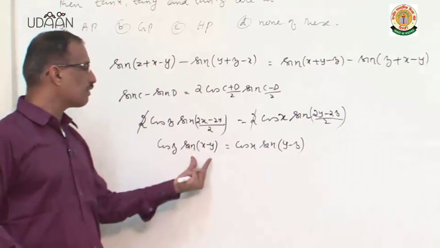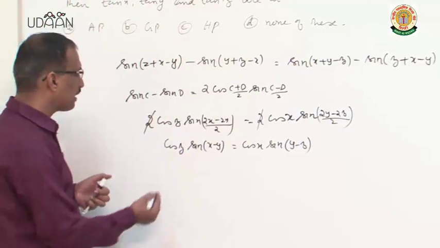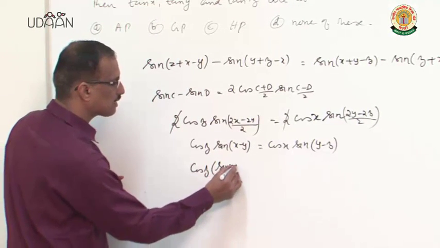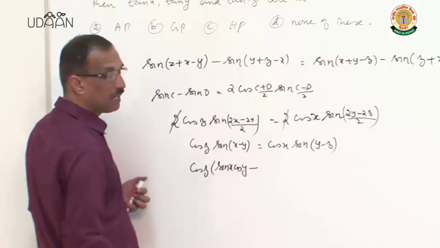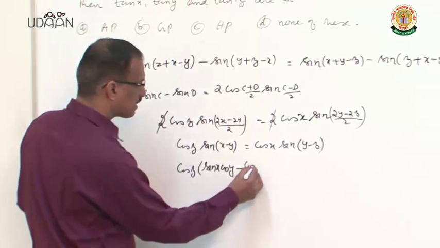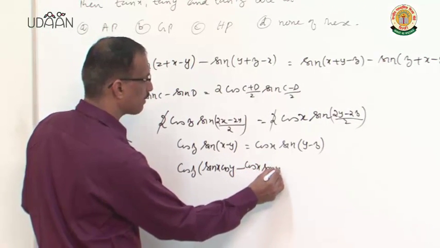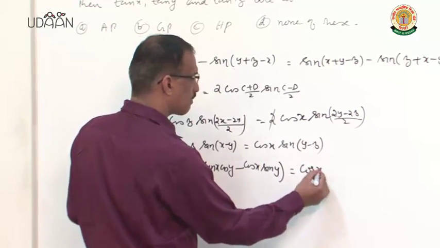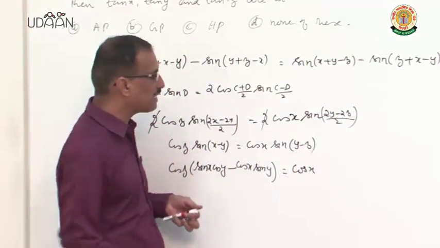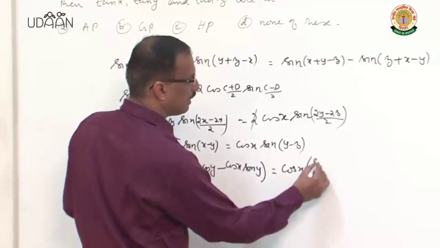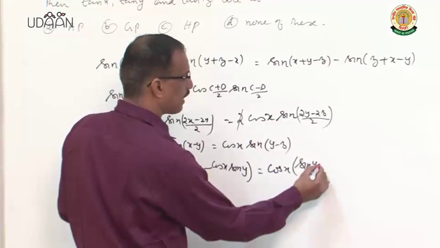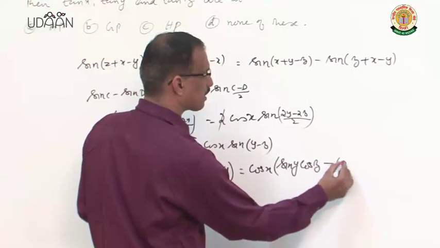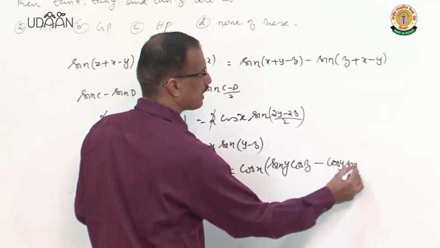You know sin of a minus b, what is the formula? That is cos z into sin x cos y minus cos x sin y equals cos x into, now sin of y minus z means we can write sin y cos z minus cos y sin z.